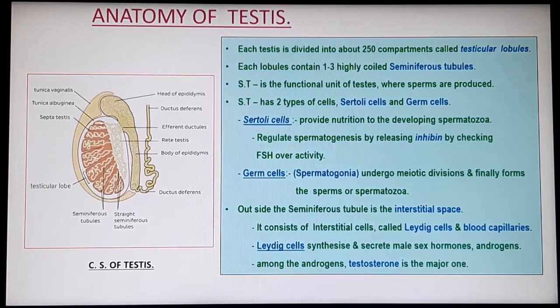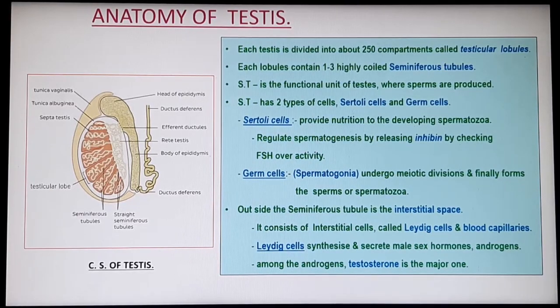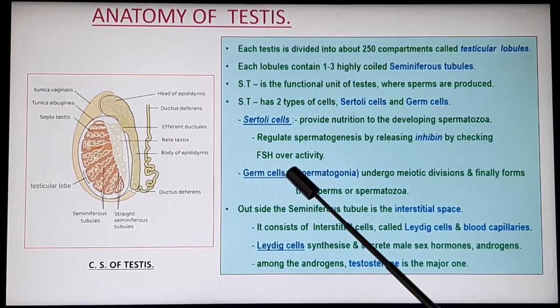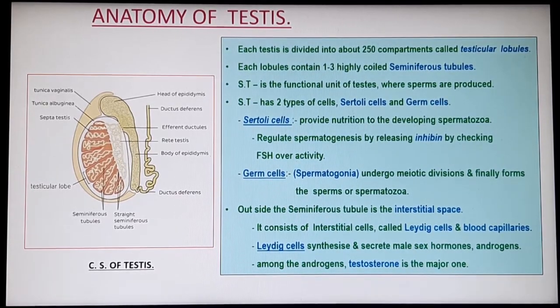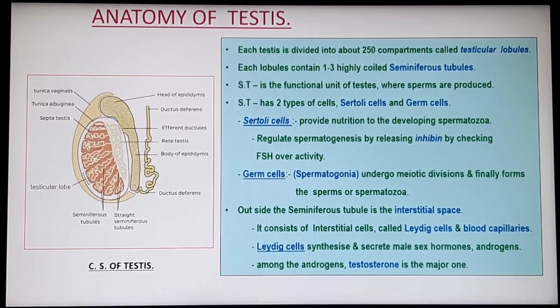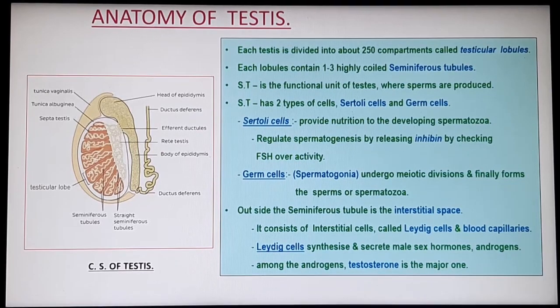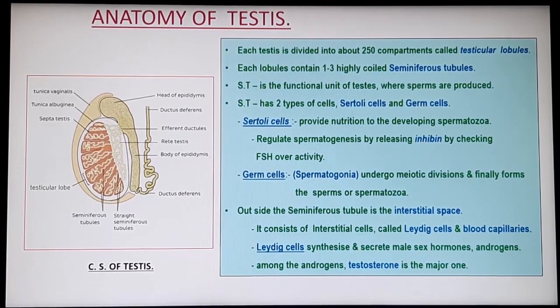Another type of cells present in the seminiferous tubule are germ cells. Germ cells are spermatogonia, which undergo meiotic divisions and finally form spermatozoa or sperm. Outside the seminiferous tubule is the interstitial space.